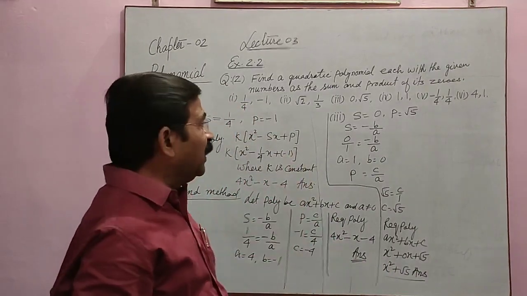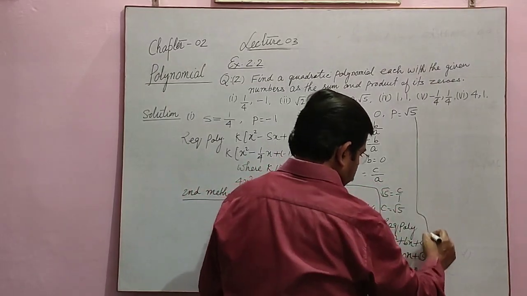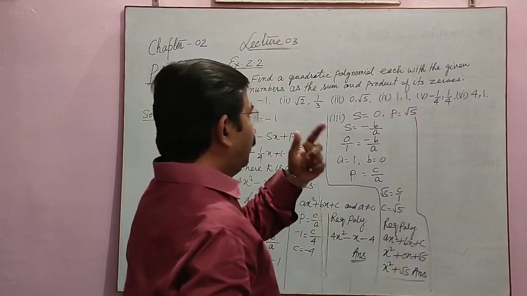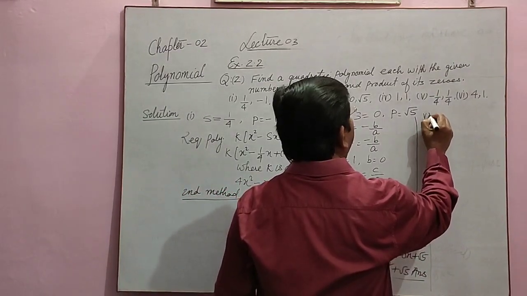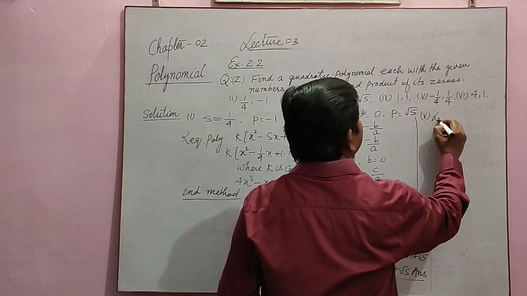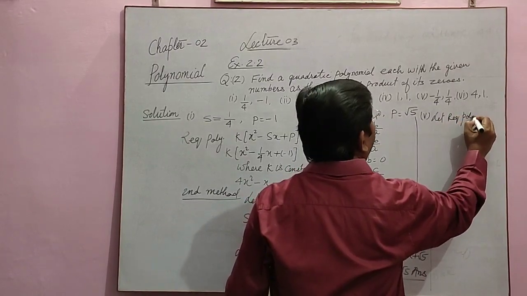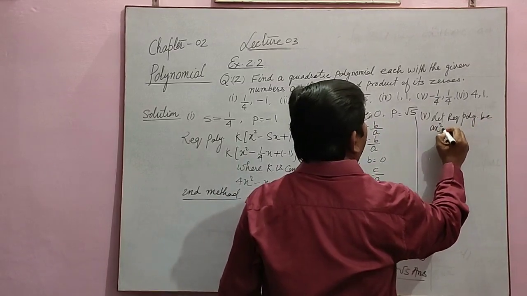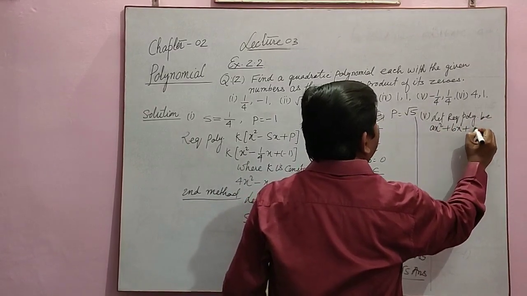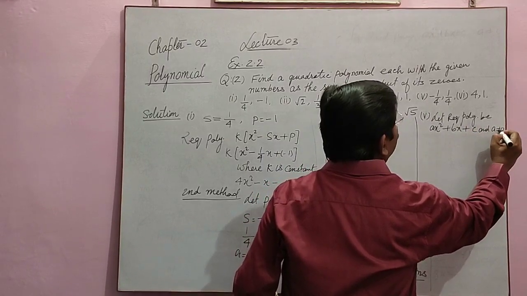So I have taken the third one. You may take one more part. I am taking the fifth part. Let the required polynomial be ax square plus bx plus c and a is not equal to 0.